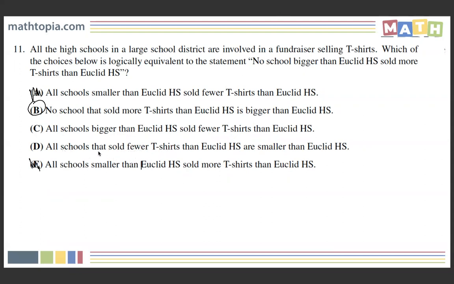If we think about what kind of school would violate this statement, it would be a school that sells fewer t-shirts and is bigger than Euclid HS. However, that kind of school would not violate the original statement, because a school that's bigger than Euclid HS but sells fewer shirts doesn't violate it. So this is talking about the wrong type of school.